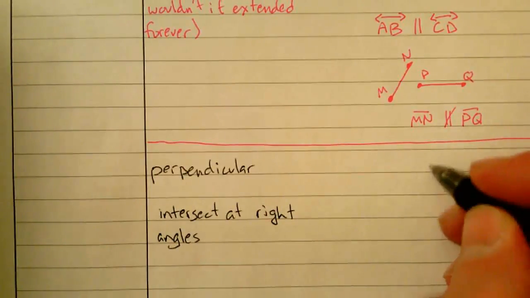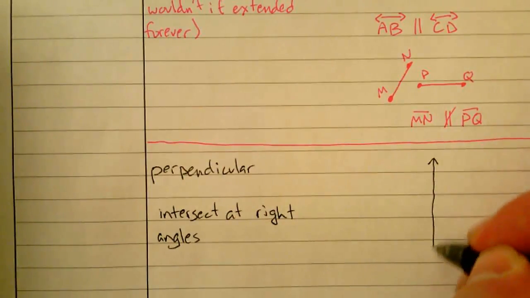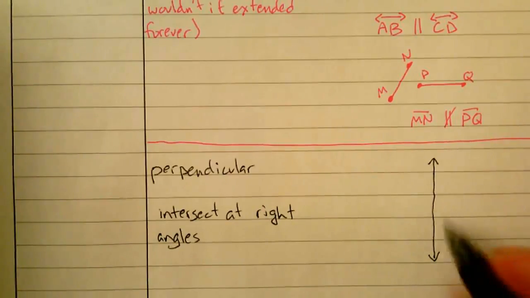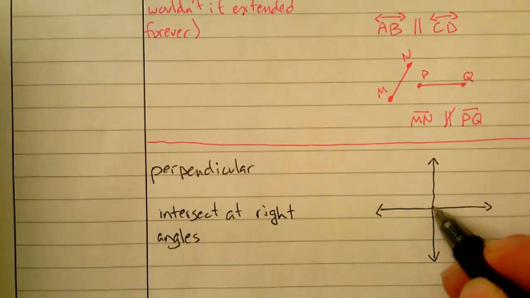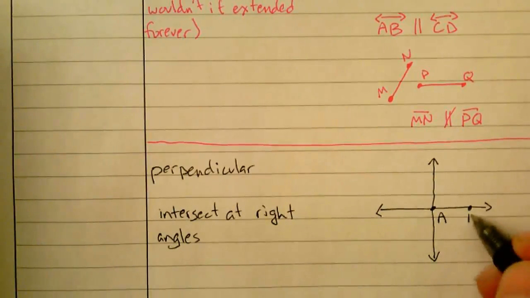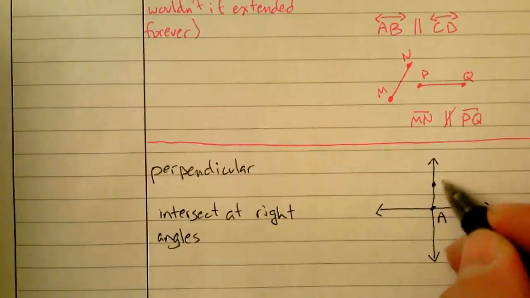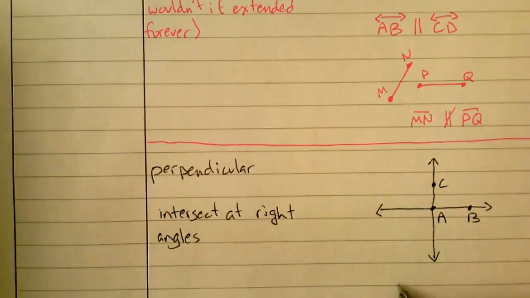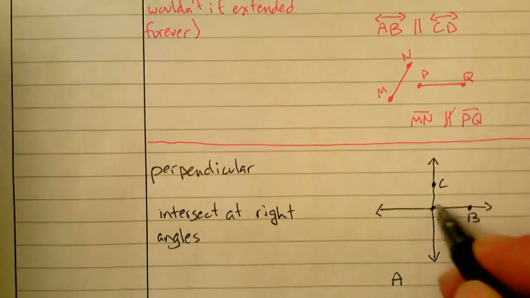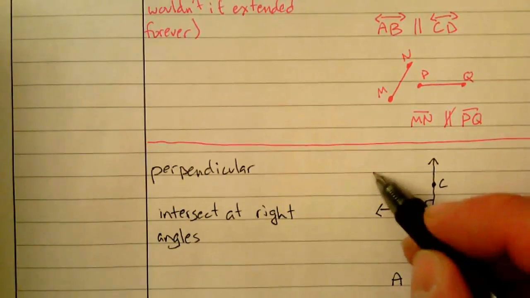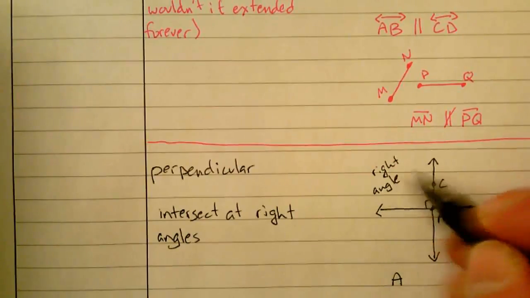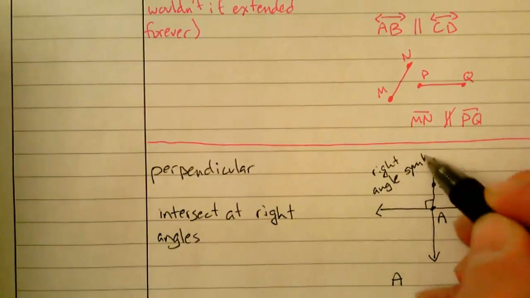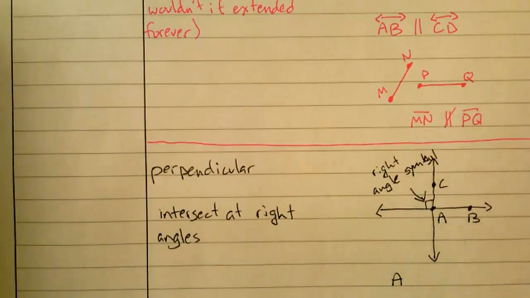So here we could have something like, this is A, B, C, and this is our right angle symbol.